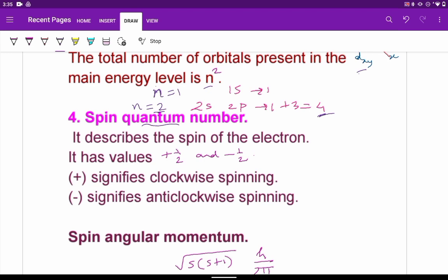So we have dealt with more or less all the quantum numbers. From here we can understand how we are able to explain the electron, where it is, means its position. The spin quantum number we denote by small s, and it was given by Goudsmit.